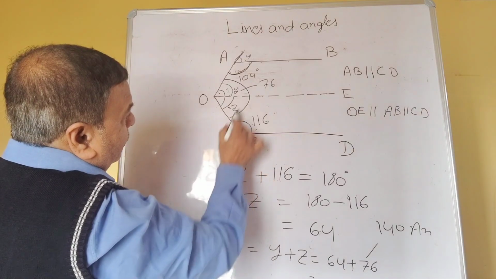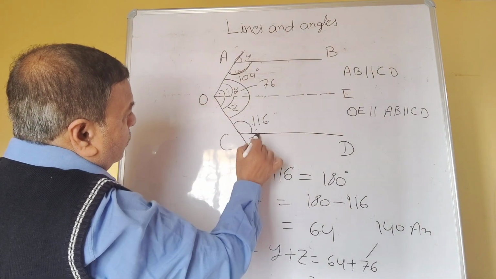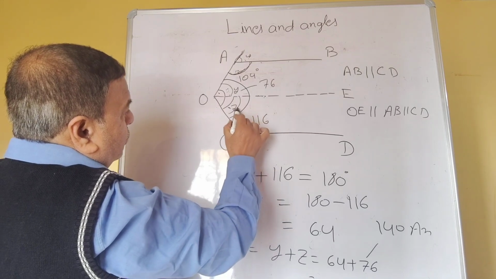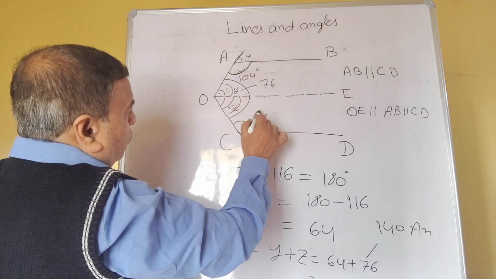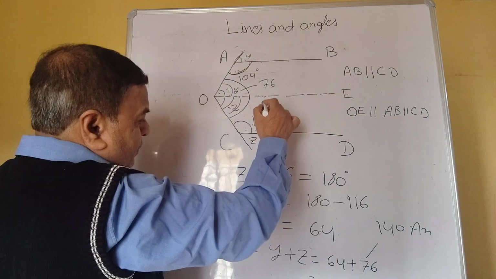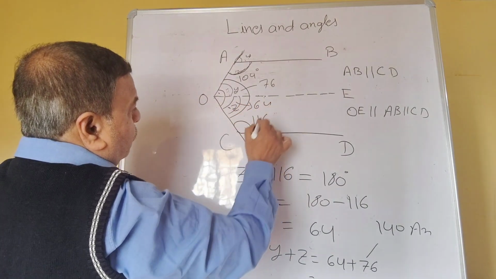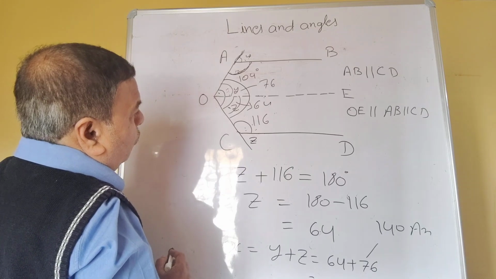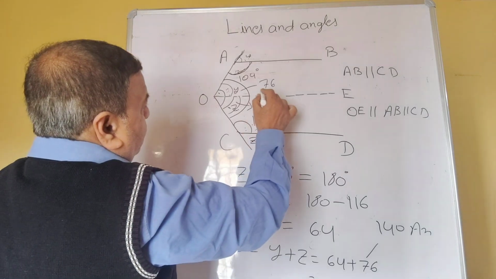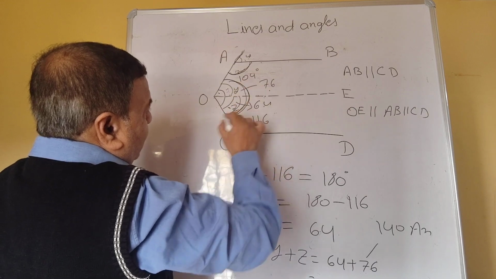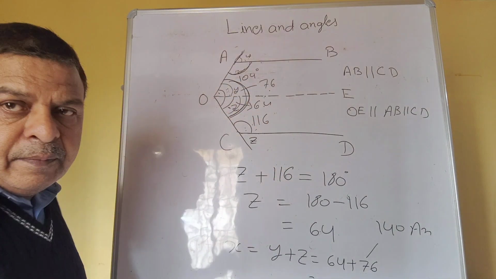And again, both these lines are parallel, so this angle and this angle make 180. This is 64. So 64 plus 116 becomes 180. So if we add 76 and 64, we will get the value of X.